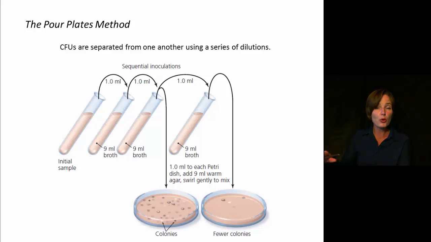Then we're going to pour the Petri plates, let them solidify, and incubate them for a while so that the colonies can grow. And then what we find is that we will have colonies growing over the surface of the media, and we'll also have colonies growing throughout. In this case, you're getting a better spreading of the inoculum in the media, and we'll probably have more CFUs later on.